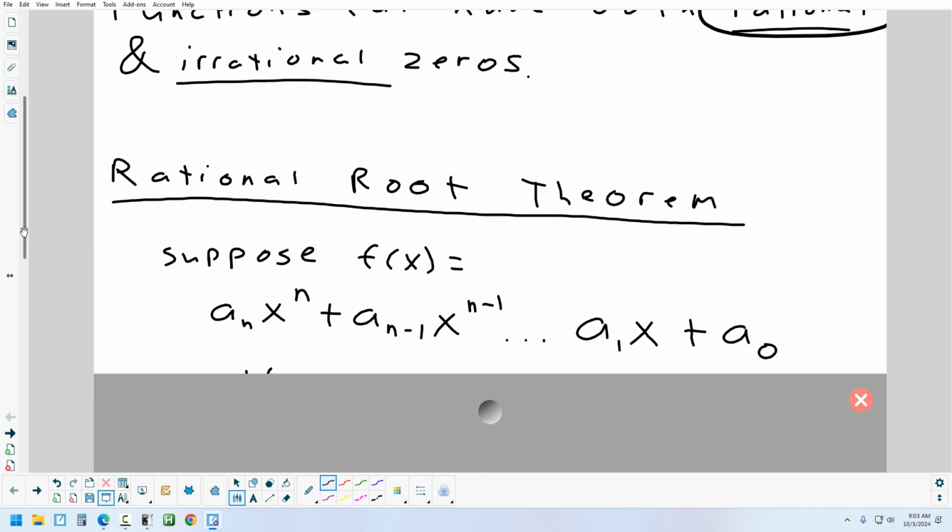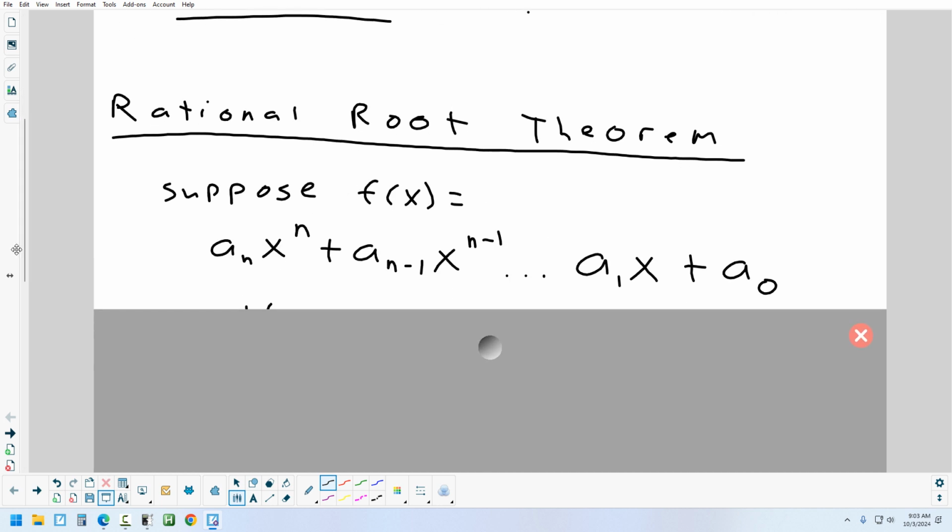All right, so let's say we had a polynomial like that. The first term is the leading term because it has the highest exponent, and the last term is the constant. In order to find where that graph crosses the x-axis, and if it's going to cross at a spot that's a fraction, you only have to look at two numbers in the whole polynomial. A leading coefficient and the constant at the end.